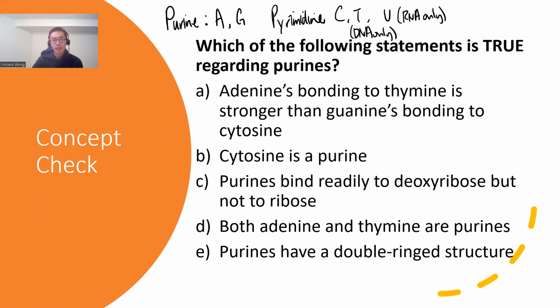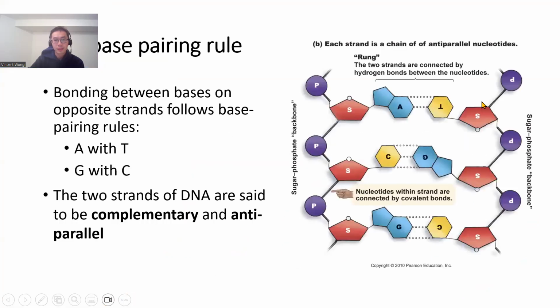So let's take a look and see which one is true. First one, adenine's bonding to thymine is stronger than guanine's bonding to cytosine. That is not true. If you take a look at the picture here, you can see between A's and T's, there are only 2 hydrogen bonds holding them together.